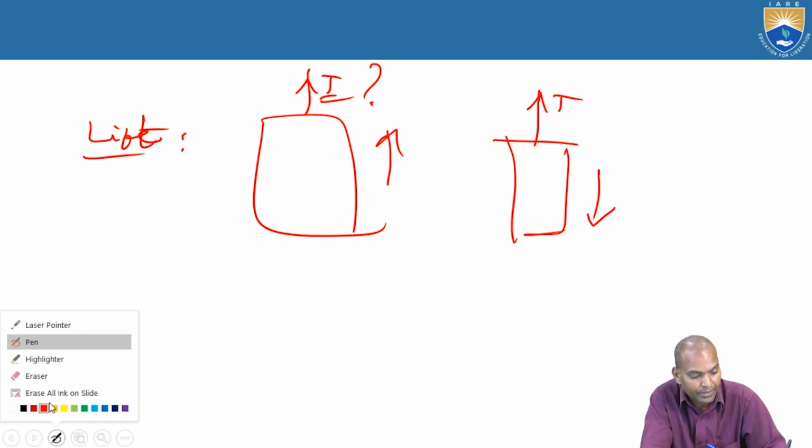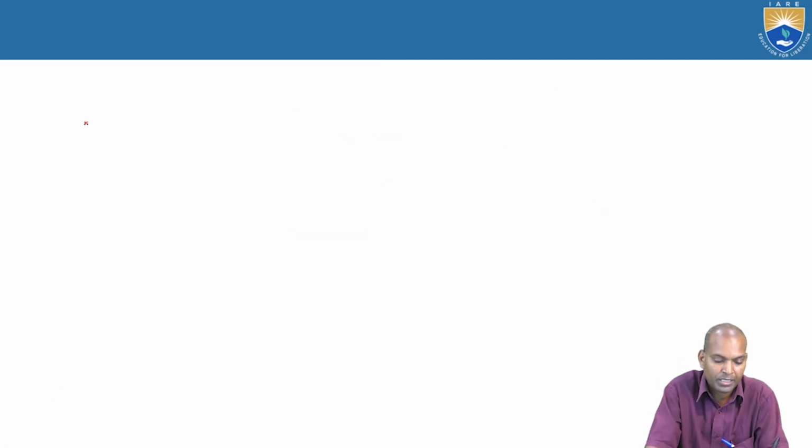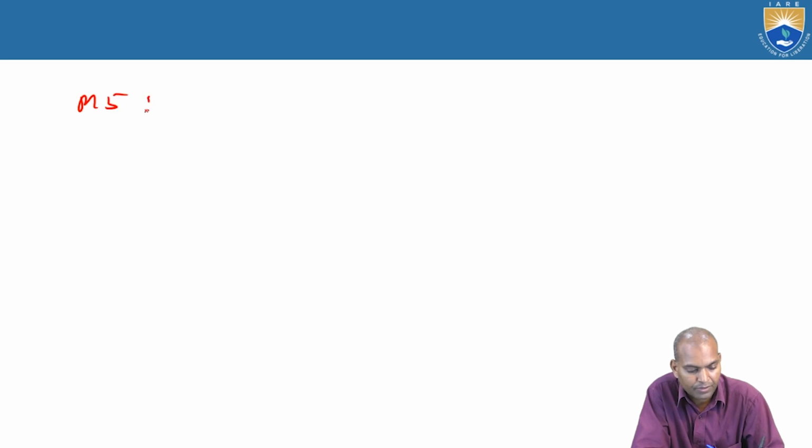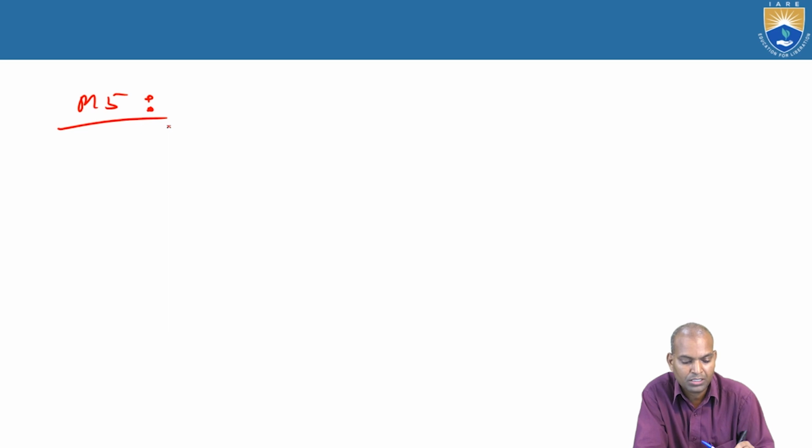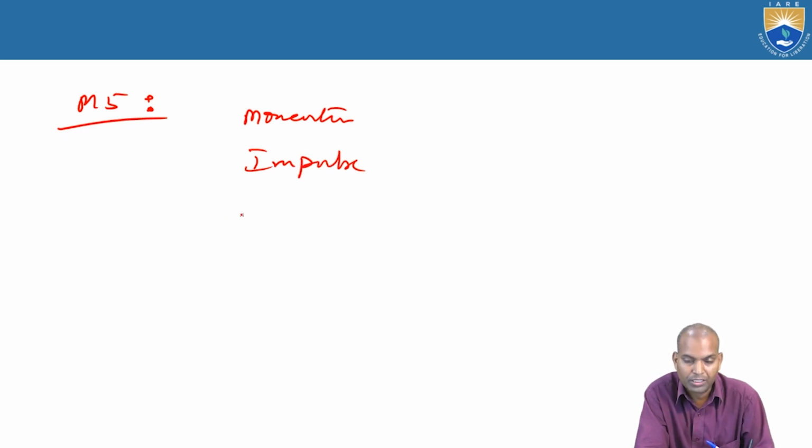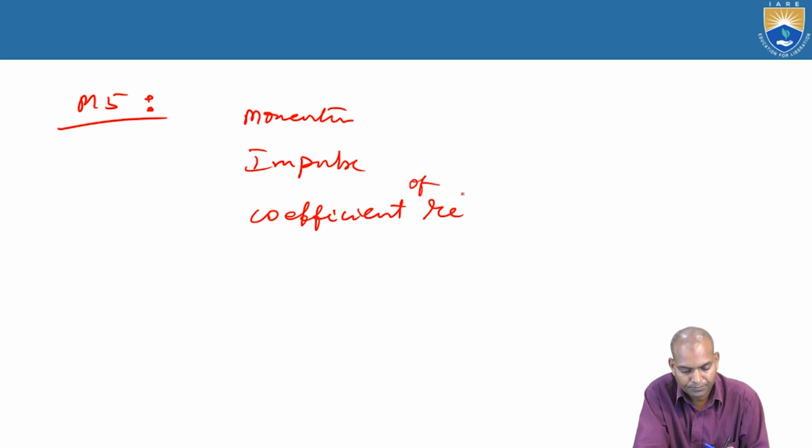Now finally, coming to impulse, momentum and vibrations, module 5. In the case of module 5, we have to focus mainly for examination. The key points are what is momentum, what is impulse, and what is the coefficient of restitution.